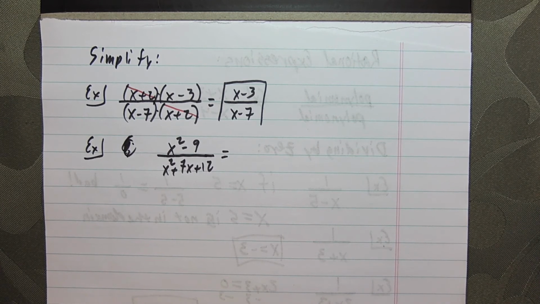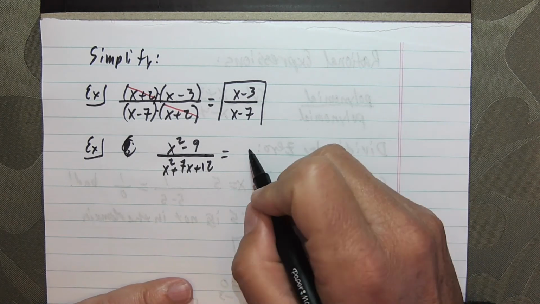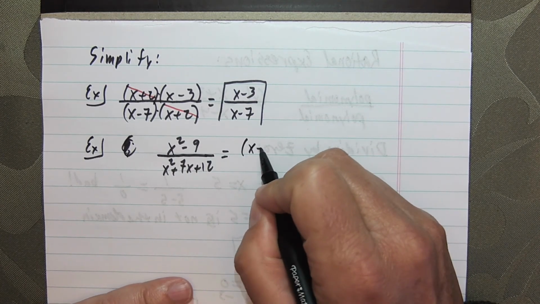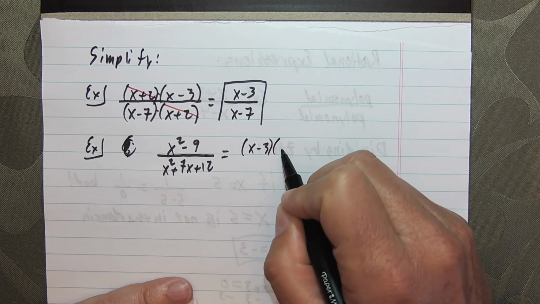All right. Thank you. So the numerator is the difference of squares.